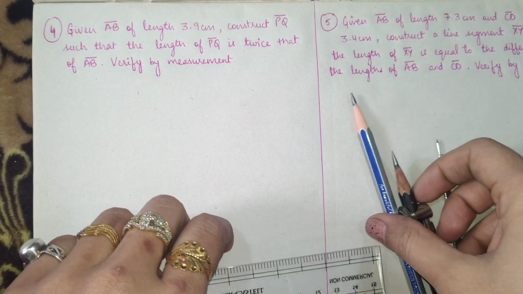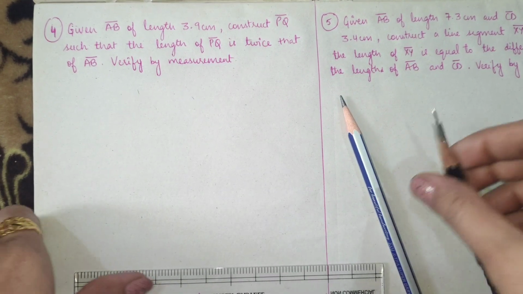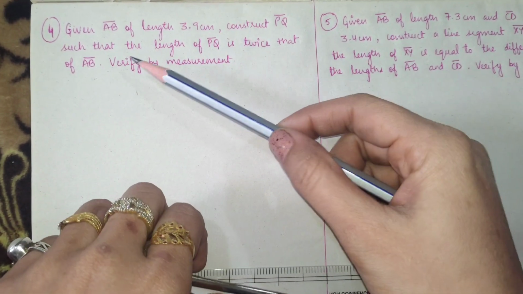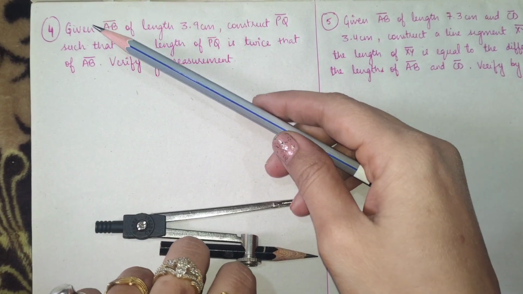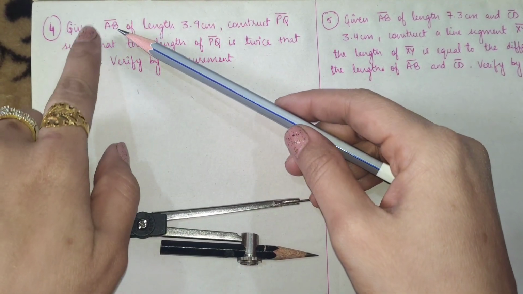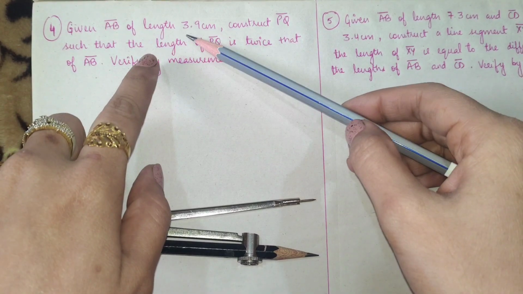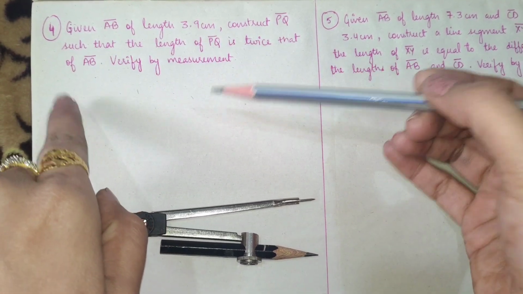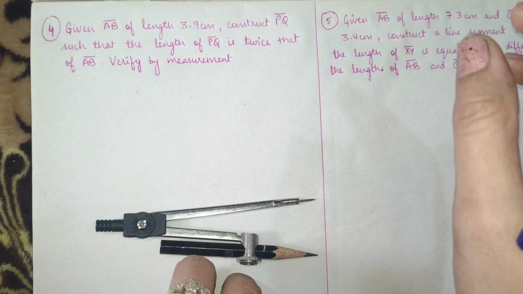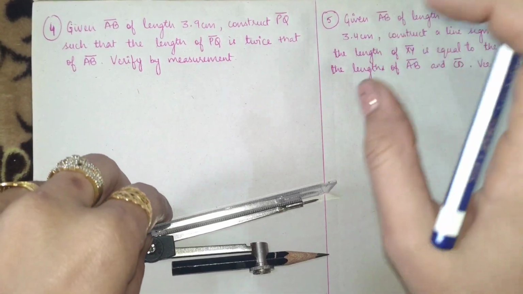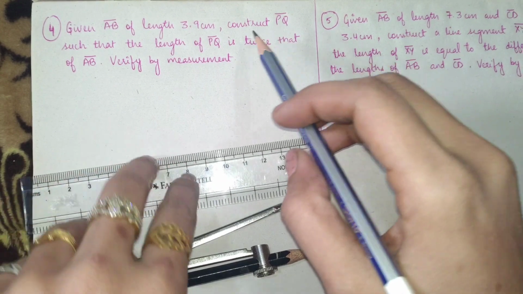Let's move on to question 4 now. Question 4 says, given line segment AB of length 3.9 centimeter. Now given means that's given to you. You don't need to construct it. You just simply draw it on a paper with the help of ruler. Okay, so that's been given to you. You don't need to construct anything.